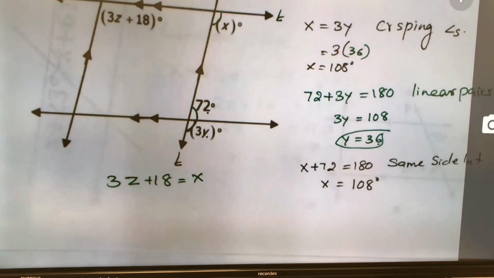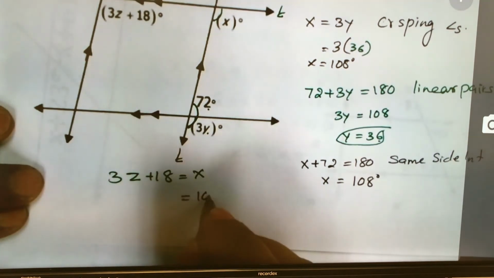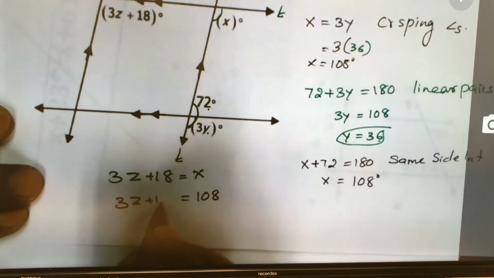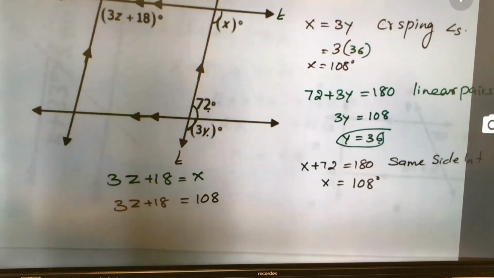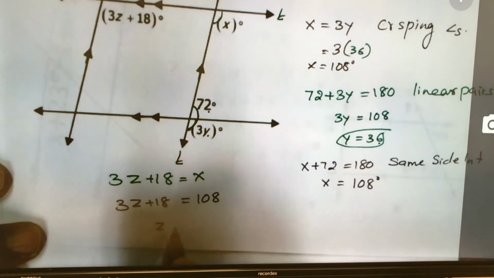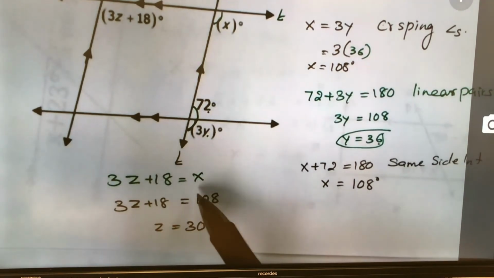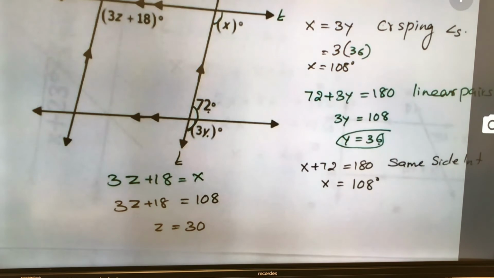Since we already know the value of x, we can replace it with 108, plus 18. Now you can solve for z. You get z is equal to 30. Even though it has two variables, since we know the value of x already, it doesn't make any problem.